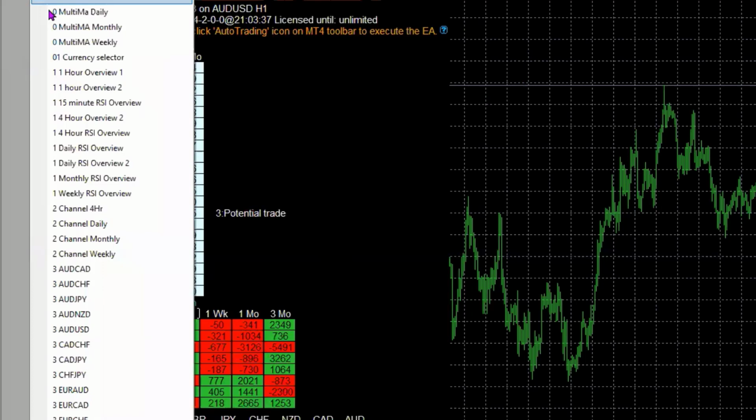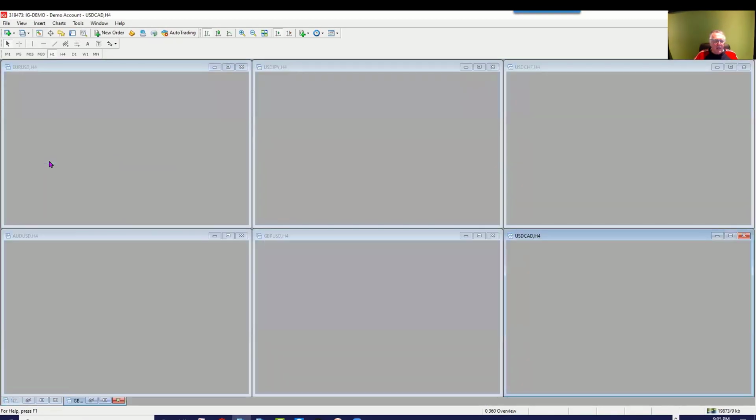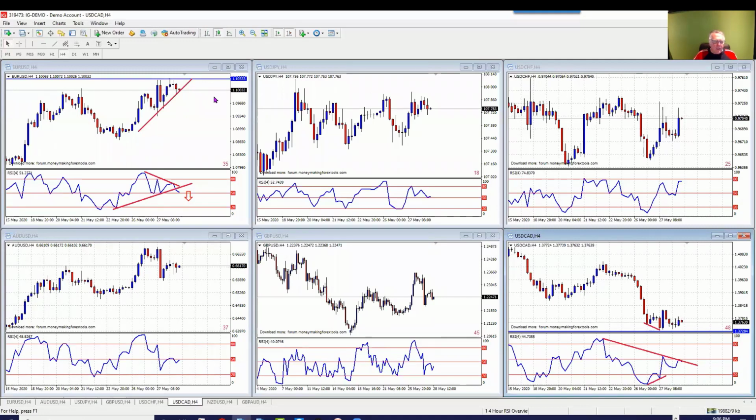So let's go and have a look at the charts. I'm going to go straight to the 4-hour charts. And here they are. Let's have a look at the pound. There's the downward movement that's shown on the pound. And the other one was the Oz, and again a big downward movement on the Oz. So they're very similar.